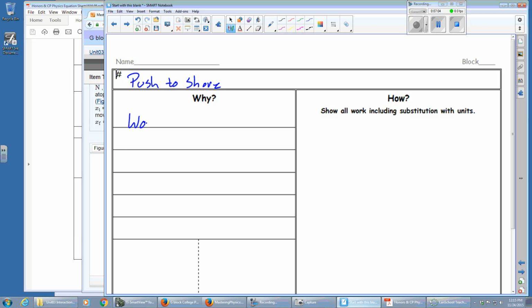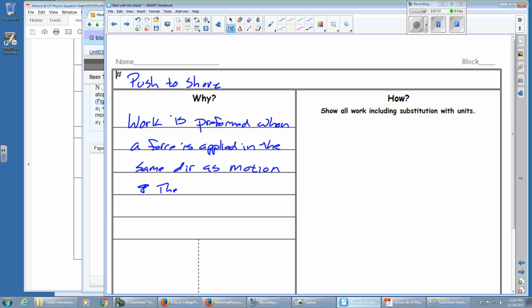So I would start off with something like: work is performed when a force is applied in the same direction as motion, and the object moves.